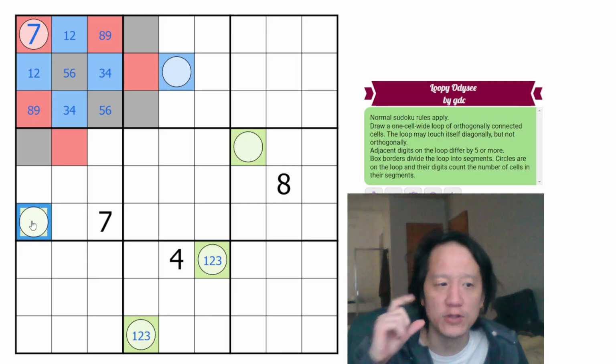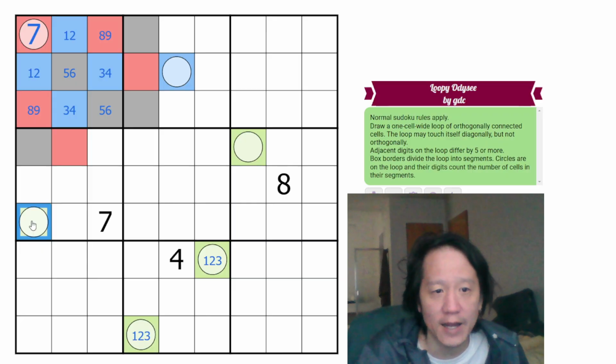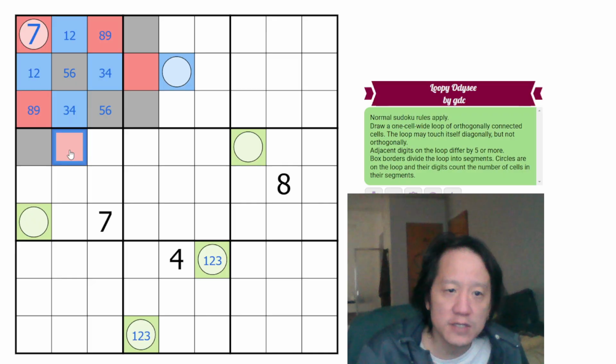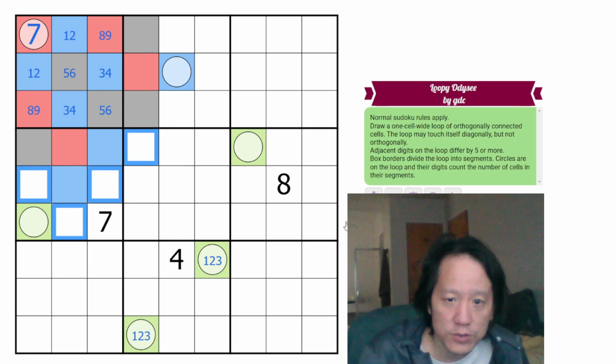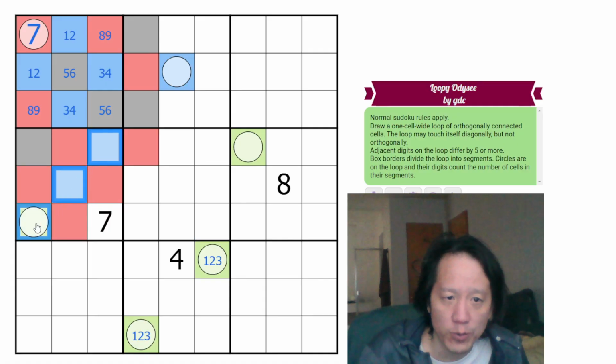If a cell is on the loop, you know exactly which set it has to be, right? So basically, any one that is 1 away from this cell would have to be a blue. So if you're blue, it would have to be part of this. Anything that's 2 away from it would have to be a red. So these would be possible reds and stuff like that. And it forms sort of like a checkerboard pattern, right?